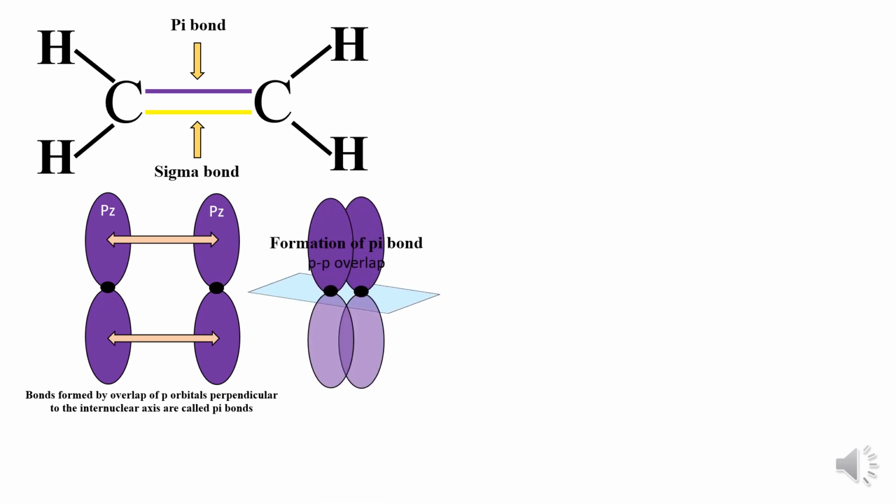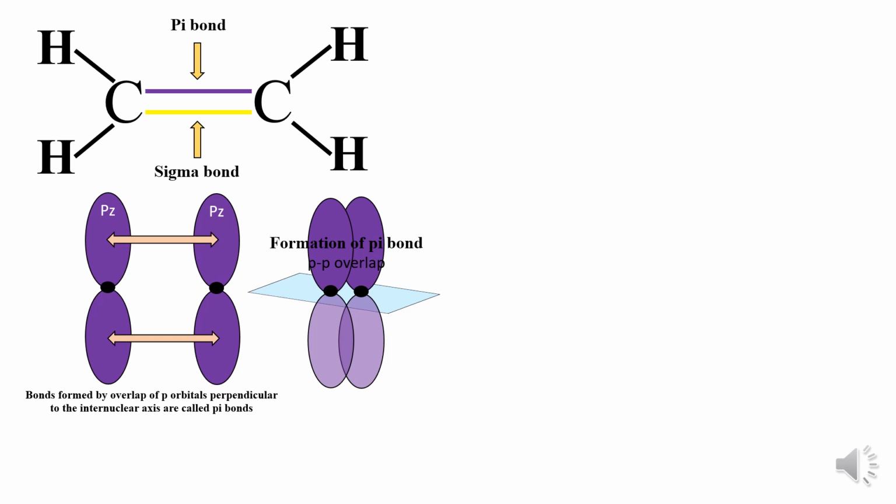Now the pi bond is formed by sideways or parallel overlapping of p orbitals. In a p orbital, there are two lobes, the upper lobe and the lower lobe, and they are separated by a nodal axis.